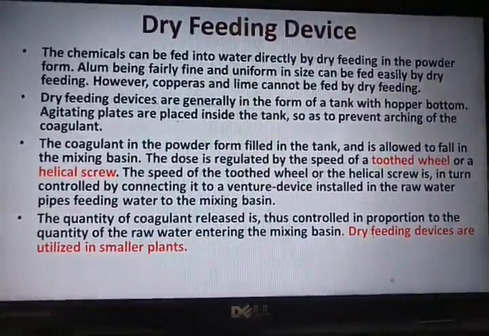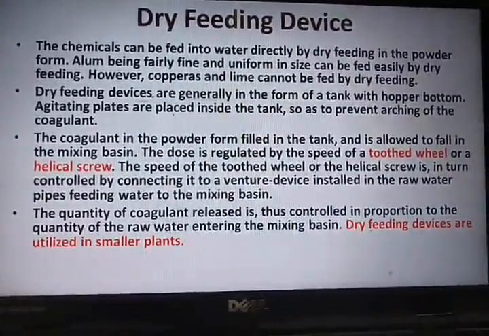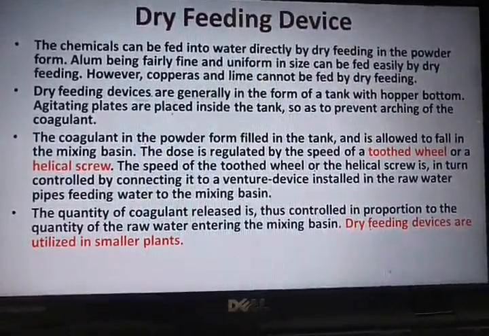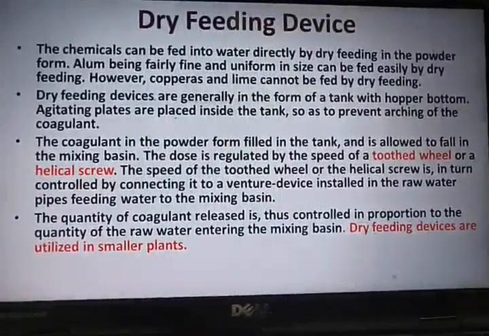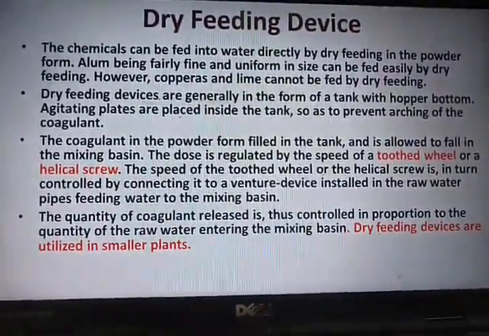Whereas for other coagulants like chlorinated copperas, it is a little difficult to dissolve in powder form, so in those cases we will go for wet mixing devices.